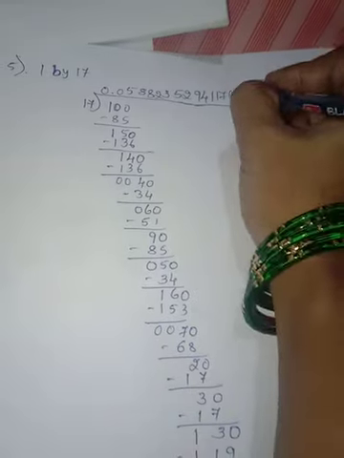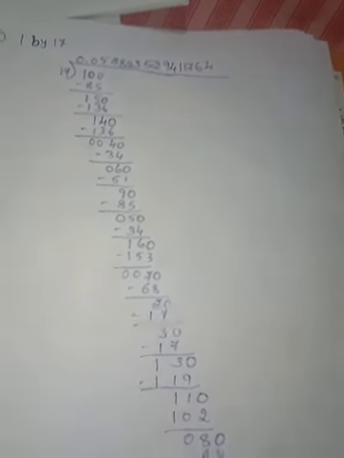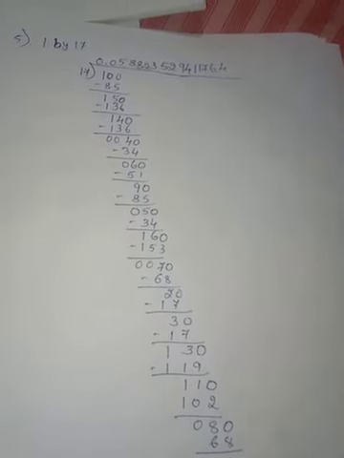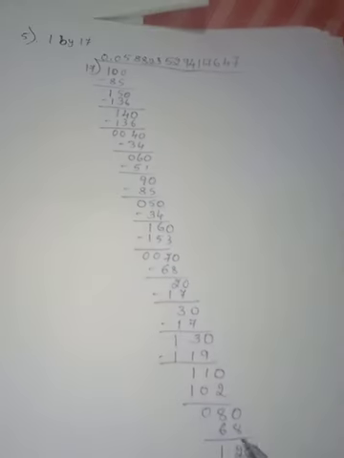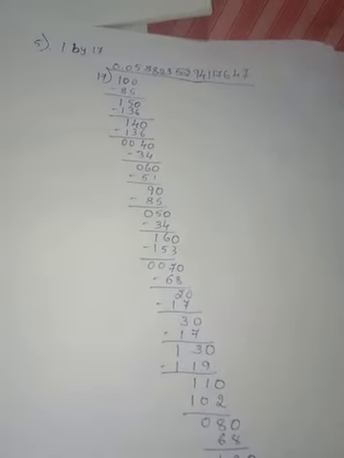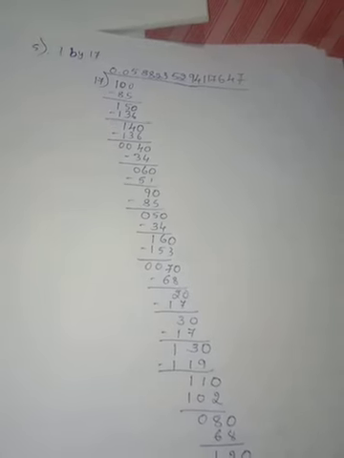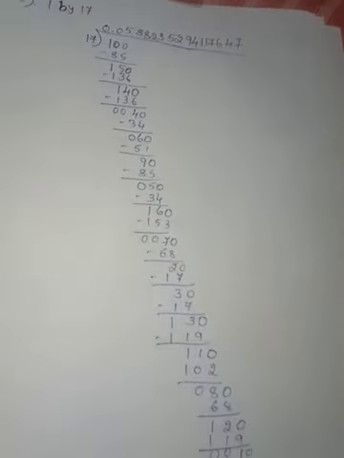Then 17 fours are 68. Then you are going to get 112. I will take 0. 17 sevens are 119. That means 10 minus 9 is 1. Again I have to take 0 and then I will stop here.